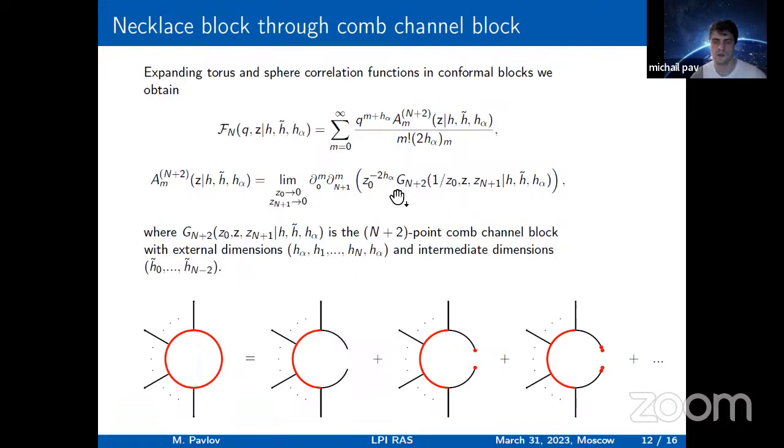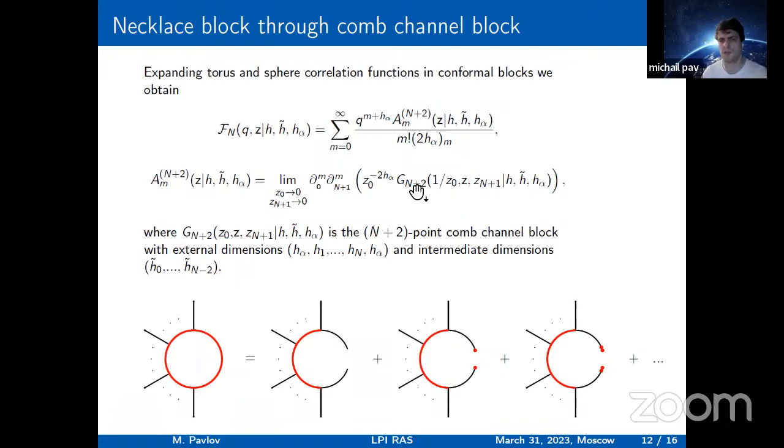So in light of this formula, basically I'm saying that the torus conformal block in the necklace channel can be expressed through a conformal block on the sphere, but with two additional operators, an infinite number of derivatives, and some limits, like here.